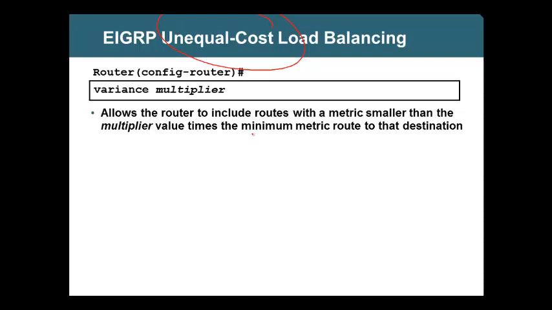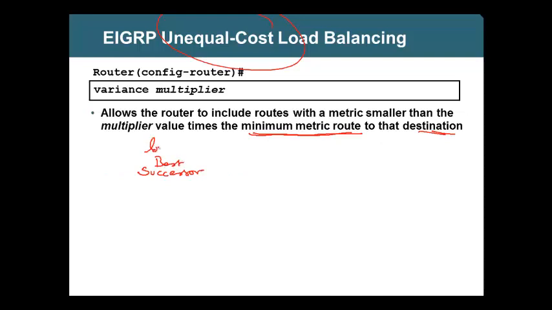What is the minimum metric to the route? Someone tell me. For a destination, the minimum metric route is called what? Successor. Let's say the successor's metric, the successor path. What is successor? The best route.